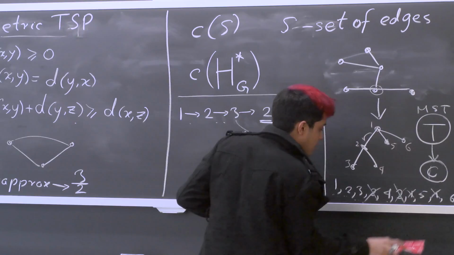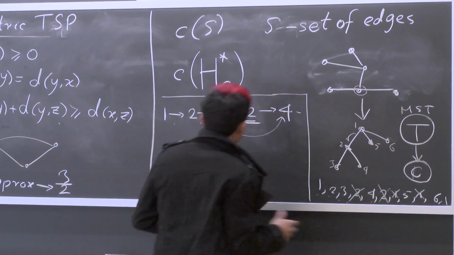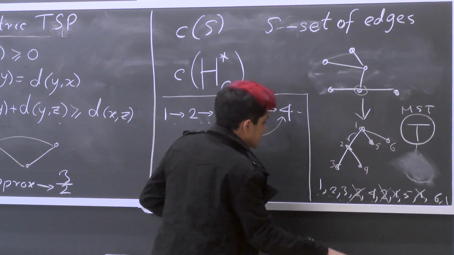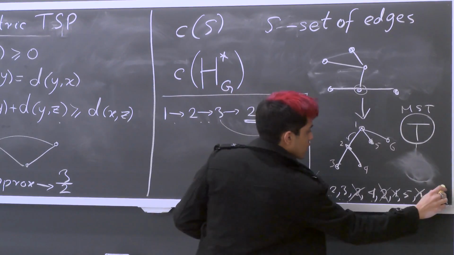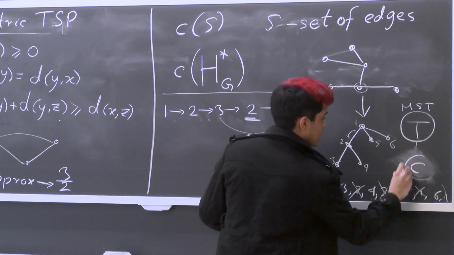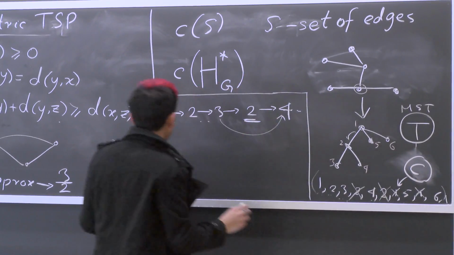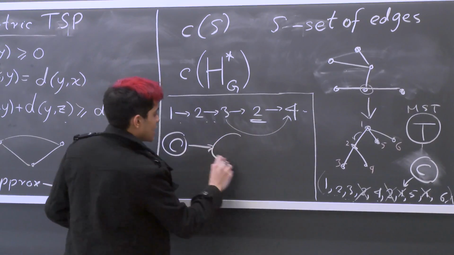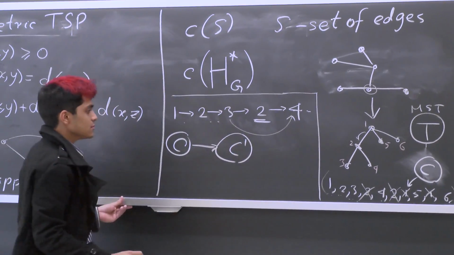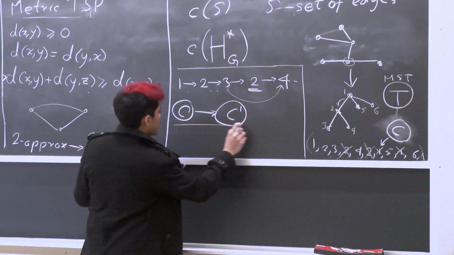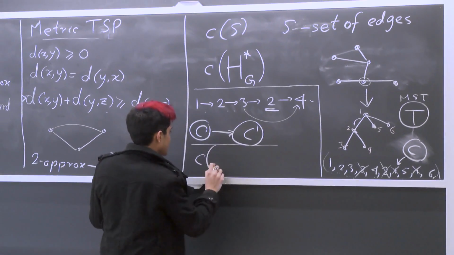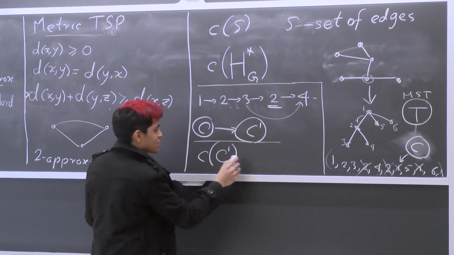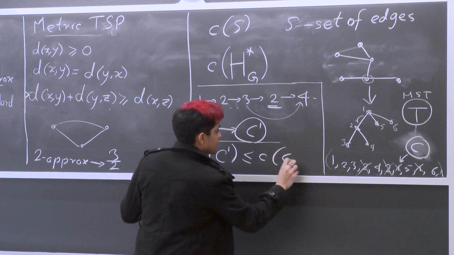Let's define a cycle first, so let's call this cycle C. And then you're going from C, and you're deleting the duplicates, and you're getting C dash. So now what you have is the cost of C dash. It's a bad notation, but anyway. The cost of C dash is less than or equal to the cost of C.